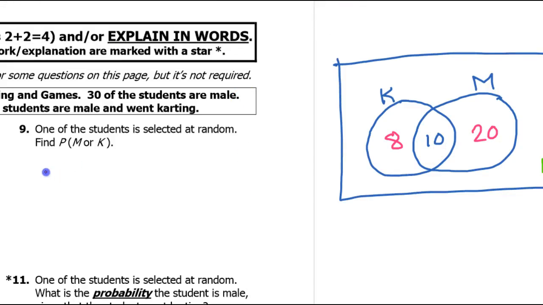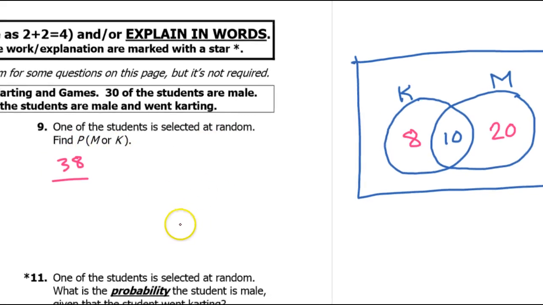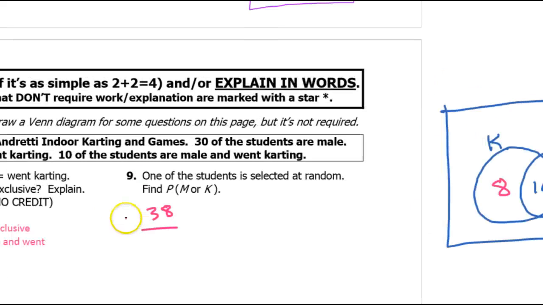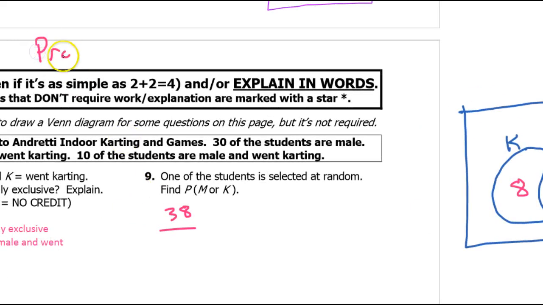But guess what? 38 is not the answer. You know why? Because they didn't ask us how many students are in the set male or karting. They asked us for the probability, the proportion, the percentage of students that are in this group. So we have to do target over total. Probability at its most basic level is target over total.